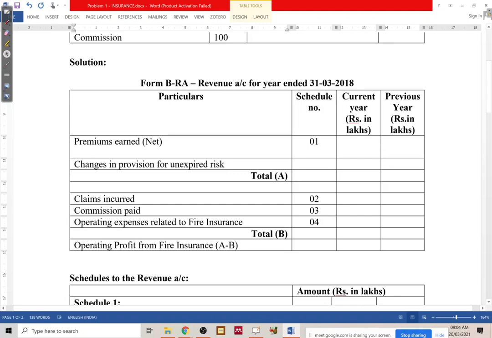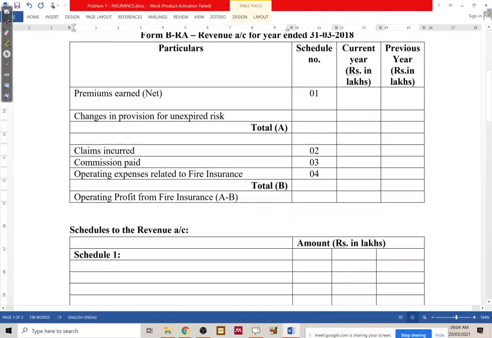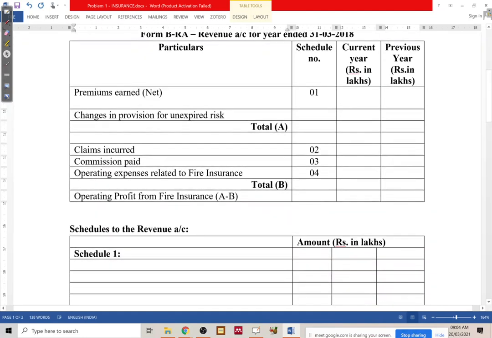Although we don't have the P&L account preparation for this problem, this profit is normally transferred to that P&L account.